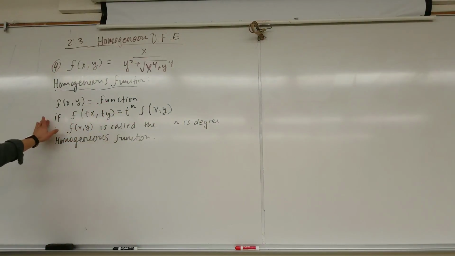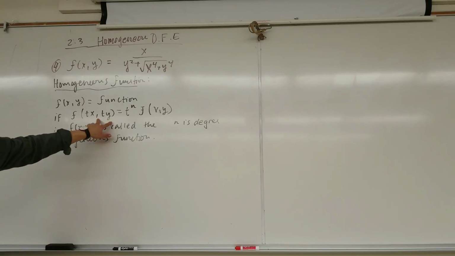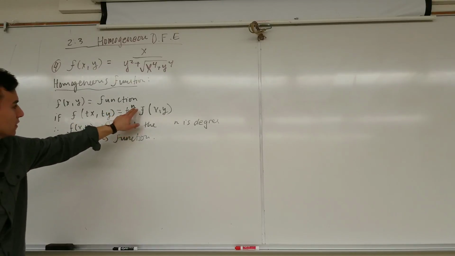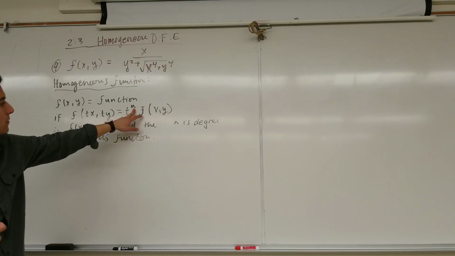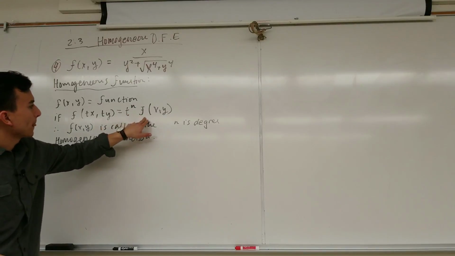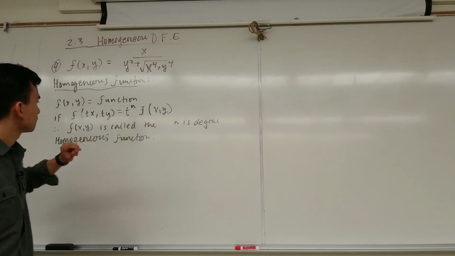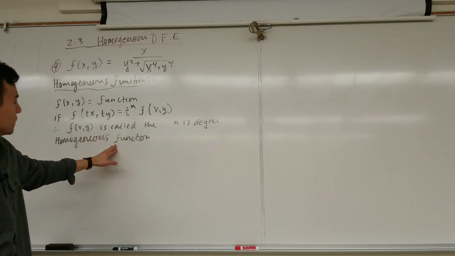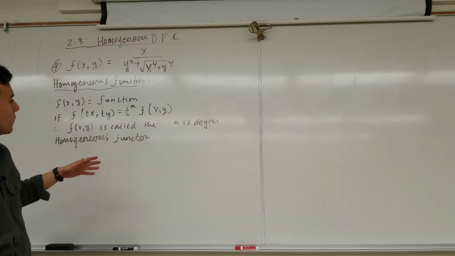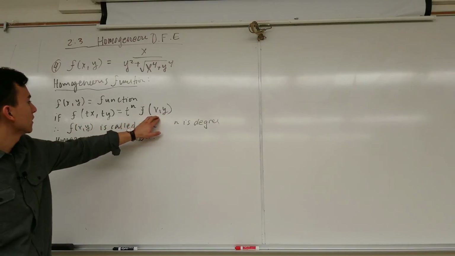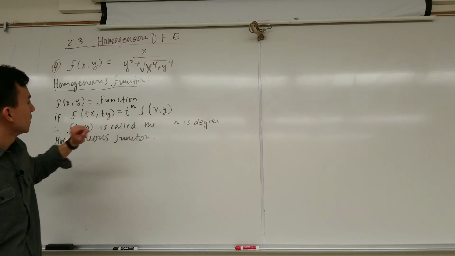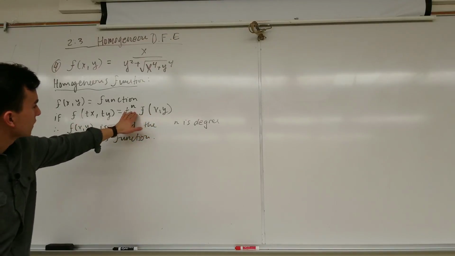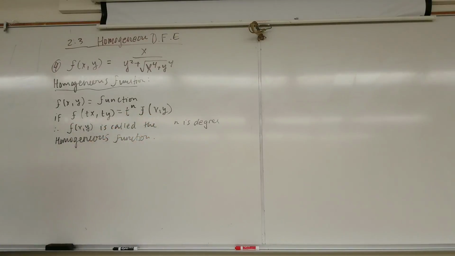And now if f of tx, ty is equal to t to any power n times f of x, y, therefore f of x, y is called the homogeneous function. So basically if we get this function back, whatever degree this n is, that's just going to be our degree.